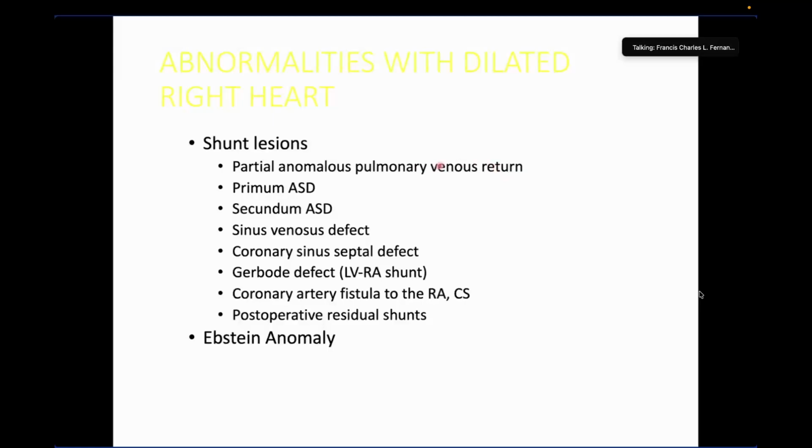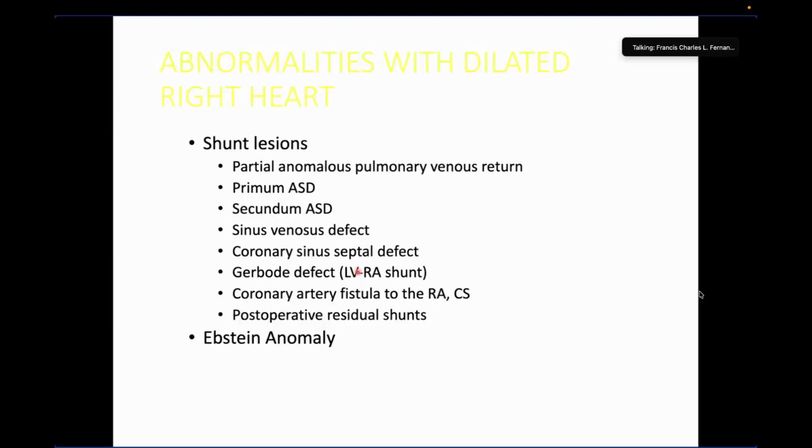No? This has what we call the scimitar syndrome. Primum atrial septal defect, secundum, and the sinus venosus. So these three are atrial septal defects. So they can be primum, secundum, or sinus venosus. These are shunts, but this is interatrial. Your coronary sinus septal defect likewise. And the Gerbode defect, from the LV to the RA shunt.